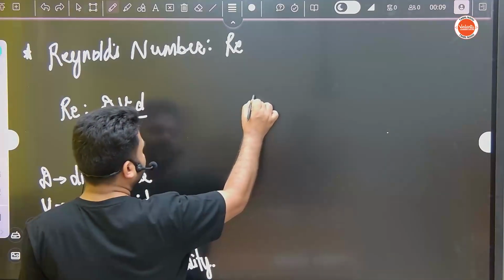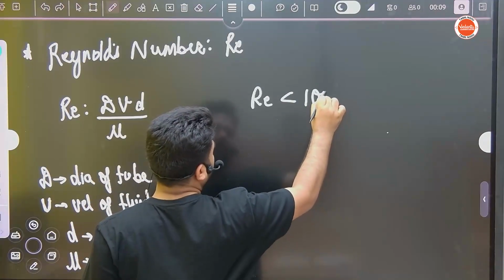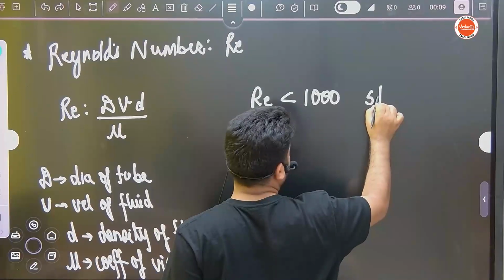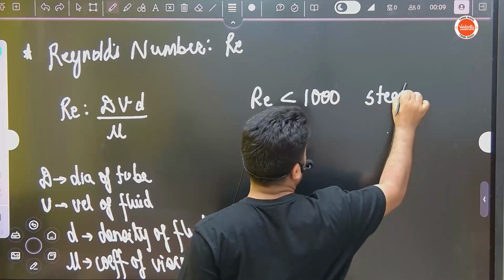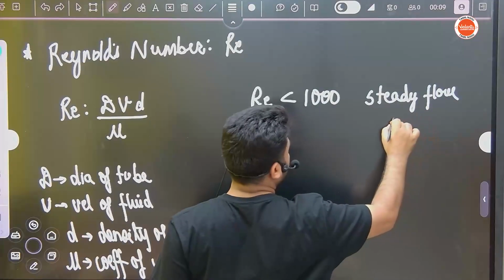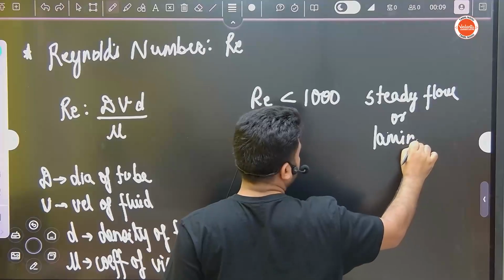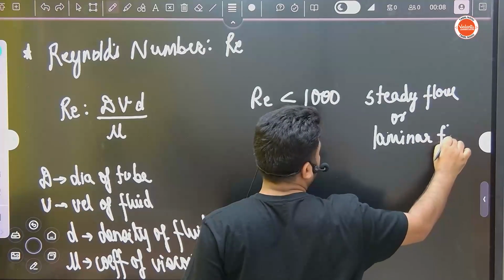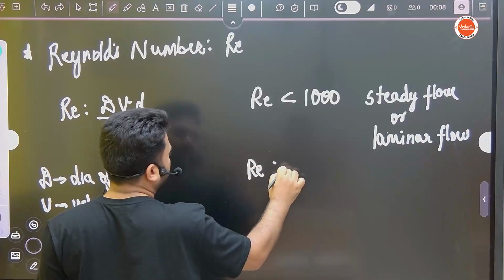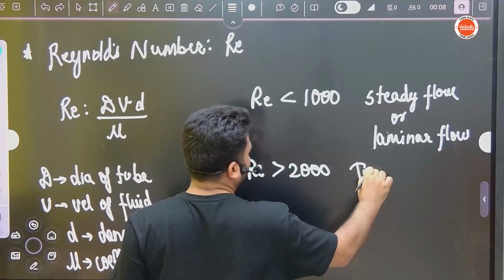Now if this Reynolds number comes out less than 1000, then it is a steady flow, streamline flow or laminar flow. But if the Reynolds number is more than 2000, then it will be a turbulent flow.